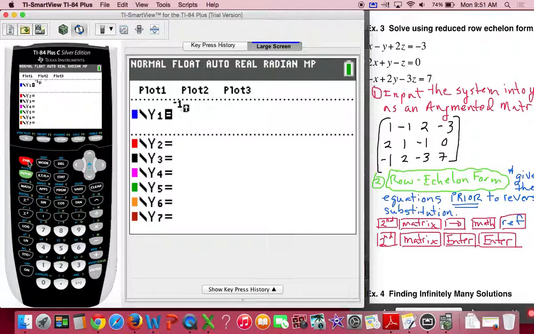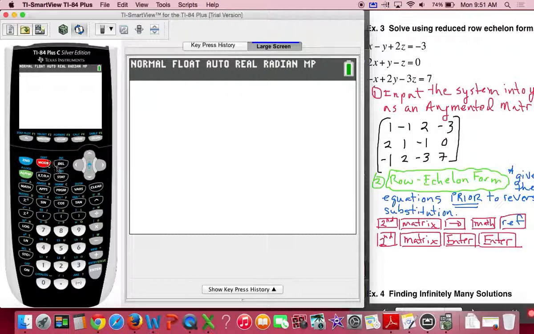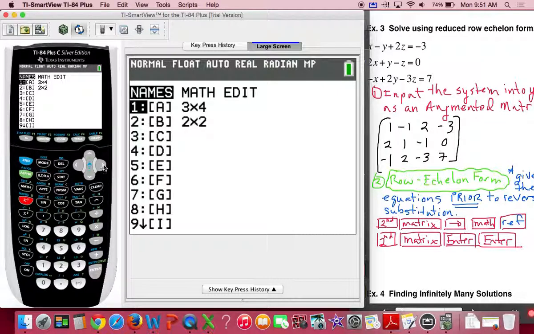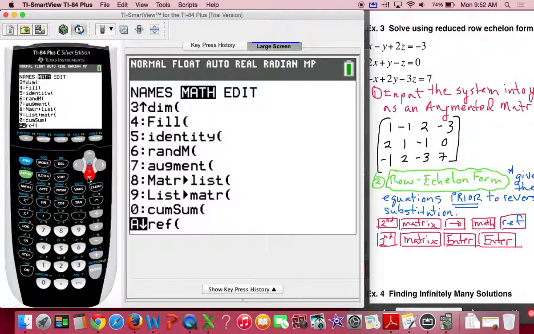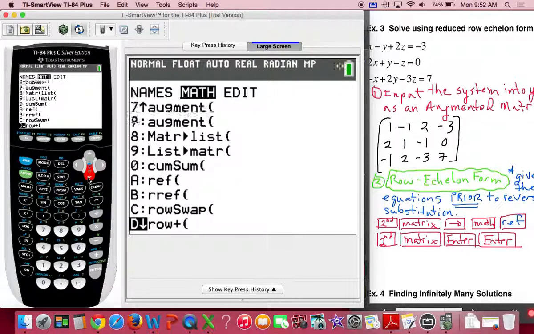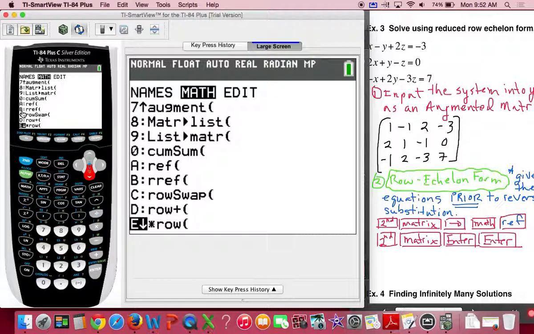Second matrix. And we're going to scroll over to the math portion, and then you have this list of stuff. So you're going to scroll down with the arrow key until you see just REF. There is one that says RREF, and you can stop scrolling, and you can see it right here. We don't want the RREF right now.